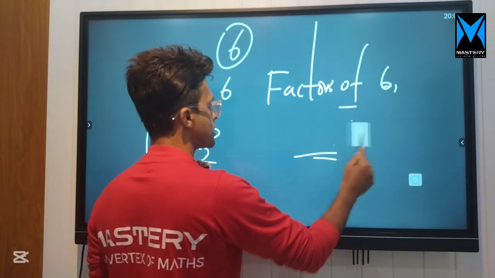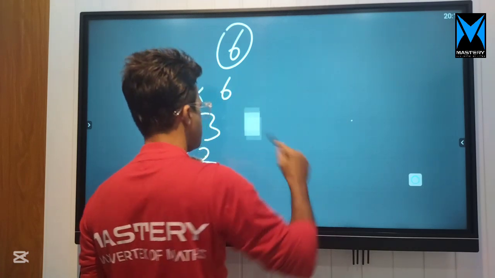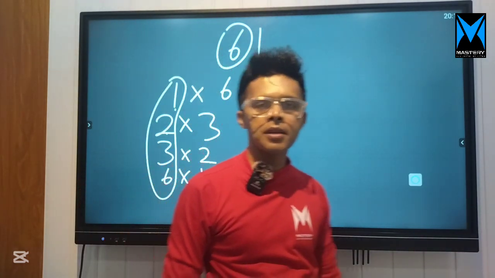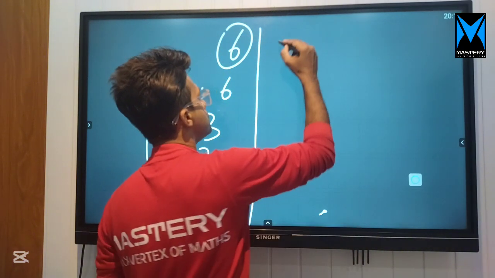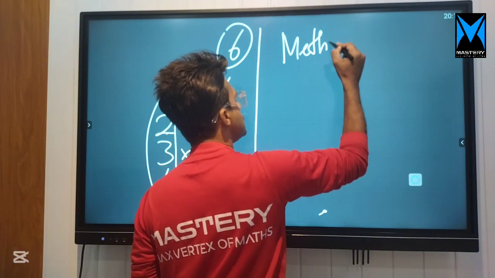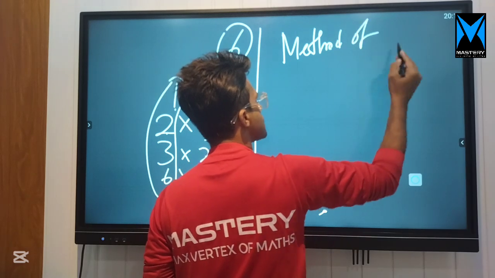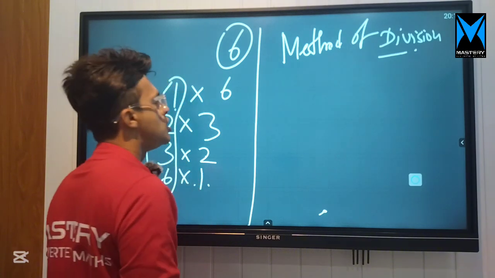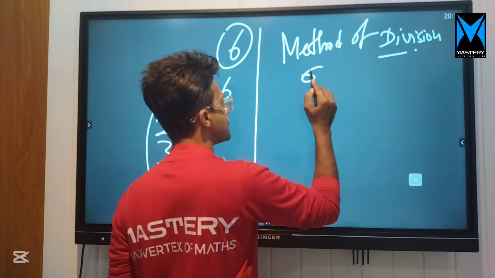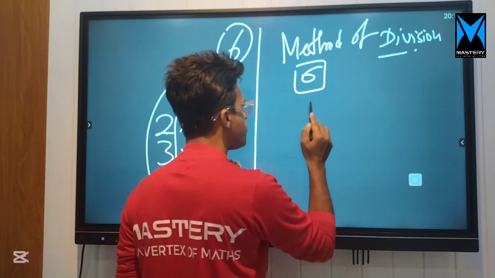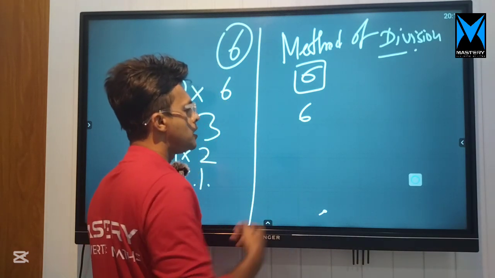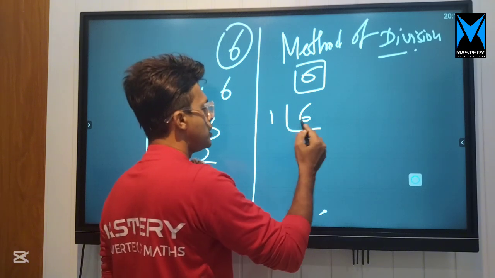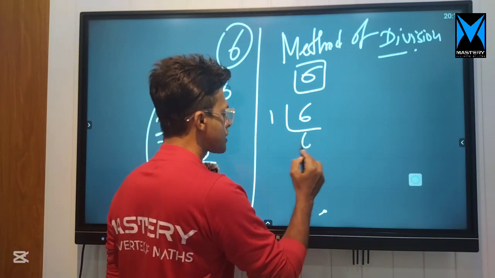The other method which is given in your textbook is the method of division. You could use the method of division to get the factors of 6. You divide 6 by 1, then 6 upon 1 is 6.